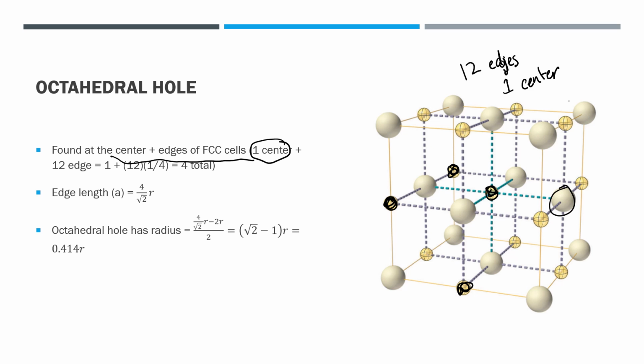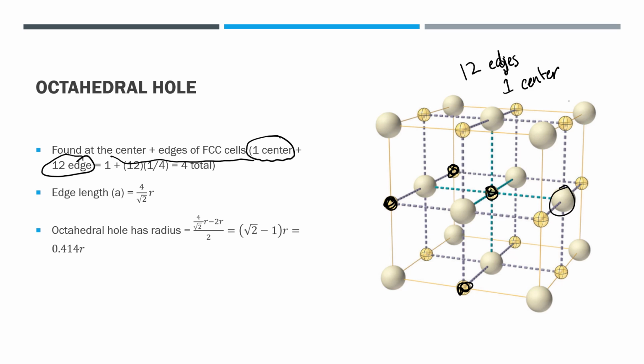We have 12 edges in a cube. That was a little miswrite on my part. We have 1 on the center and 12 on the edges. And remember, edges are shared by 4 different unit cells. So each edge octahedral hole is really just 1/4. So we have 1 from the center plus the 12 times 1/4, which gives us 4 total octahedral holes.